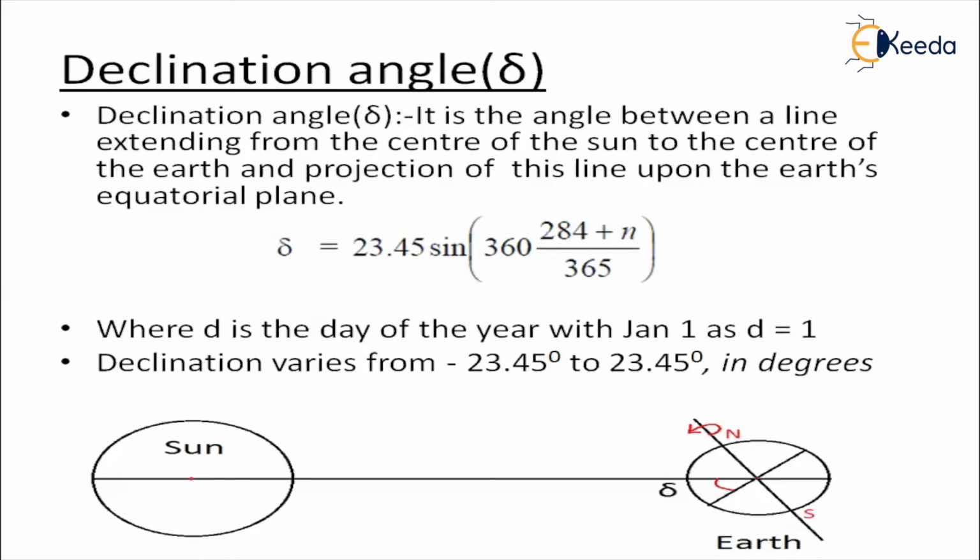So the declination angle also changes throughout the year. That is why one equation is given for it. But the maximum it will go is from minus 23.45 to 23.45 degrees. It will not go beyond that because the earth is inclined on its own axis by only 23.45 degrees.